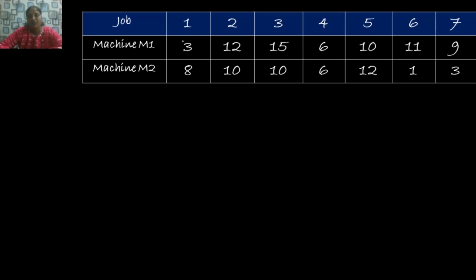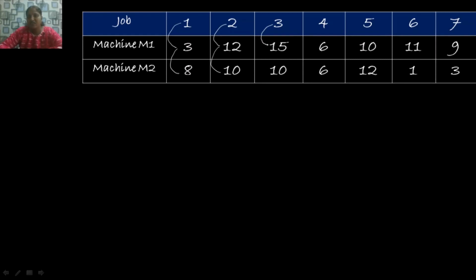Now I am just explaining the processing time required for each job on machines M1 and M2. Job 1 needs 3 hours on M1 and 8 hours on M2. Job 2 needs 12 hours on M1 and 10 hours on M2.